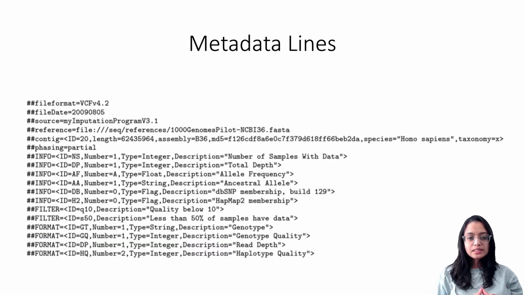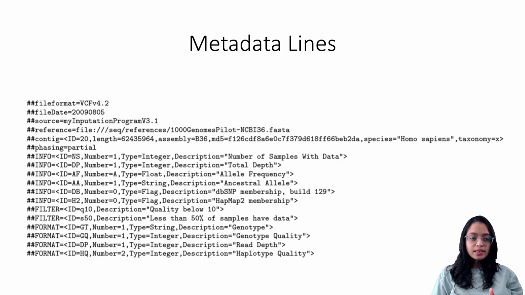Starting with metadata lines, these are the first few lines in a VCF file, and these lines describe the format and content of a specific VCF file. These lines could include information about sequencing performed, the variant calling software, or the reference genome used for determining variants. As I mentioned previously, these are metadata lines and they start with the double hash symbol.